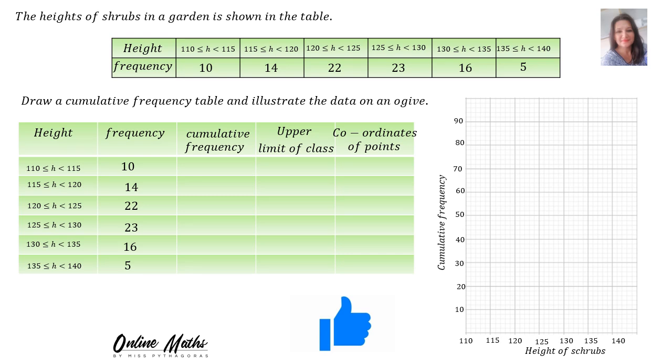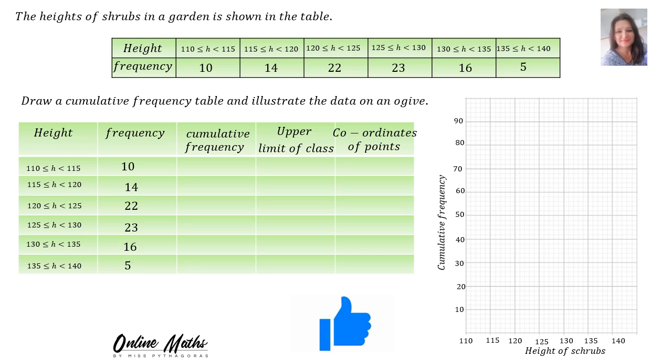Then the next one, the frequency was 14, so there were 14 shrubs whose height was smaller than 120 and greater or equal to 115. So now you understand the first table.